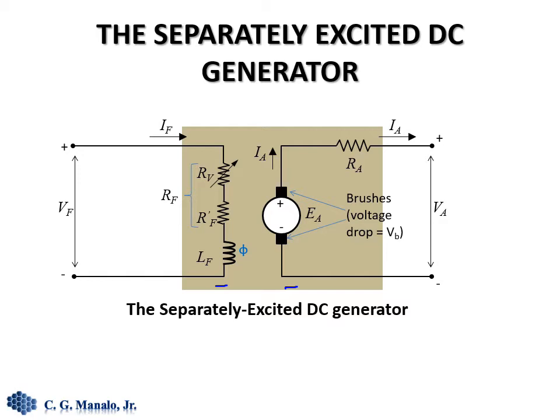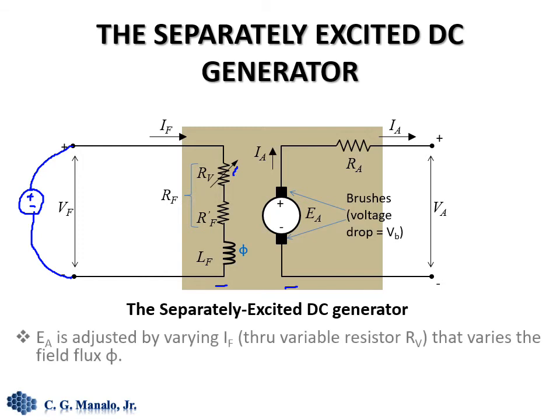Normally the field circuit would be connected to a separate DC source, and a rheostat or a potentiometer is connected in series with the field circuit so that the current that goes through the field circuit can be adjusted.